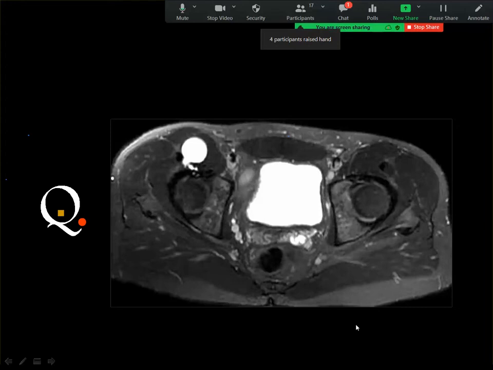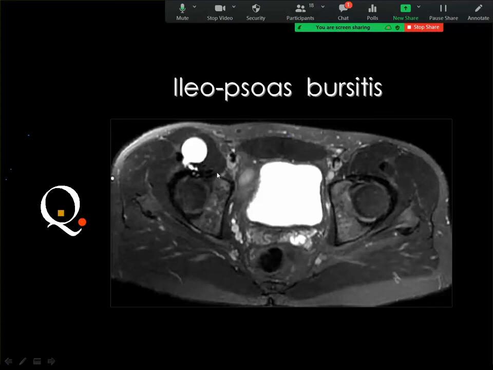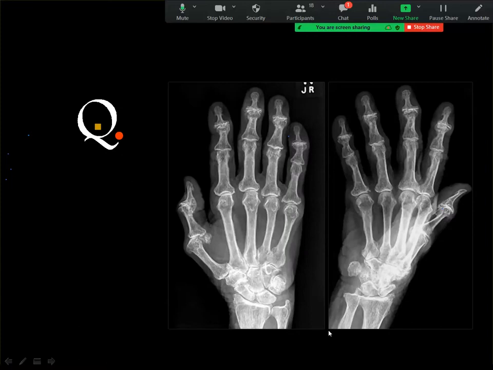Iliopsoas bursa. Yes, and this is iliopsoas bursitis. The classic location of the iliopsoas bursa is between the iliopsoas muscle and the vessels. Then the bursa is connected to the joint, and sometimes there is a significant joint effusion which is decompressed through the bursa itself. Next case.